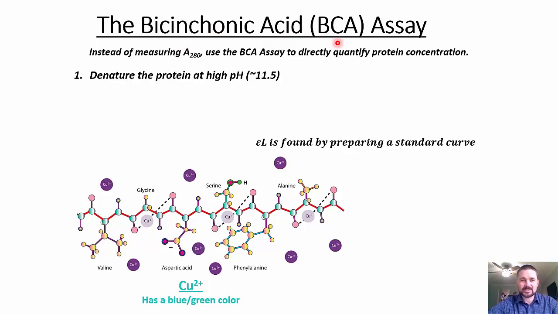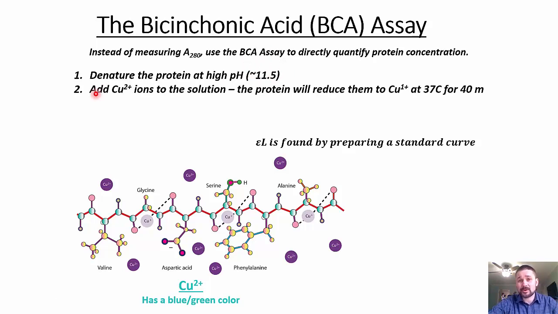All right. So what's going to happen here is we're going to take your protein samples and denature them at high pH, around 11.5. So that working reagent that you added to them, that was an alkaline solution. Okay. It also contained copper ions. You remember it had that distinct blue-green color to it.